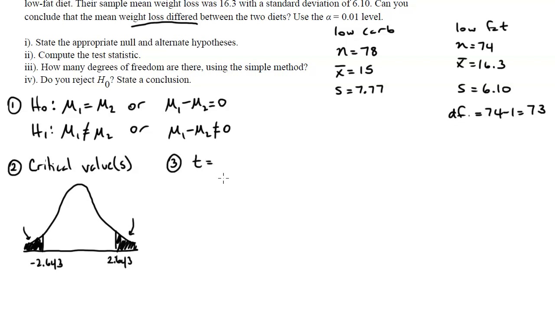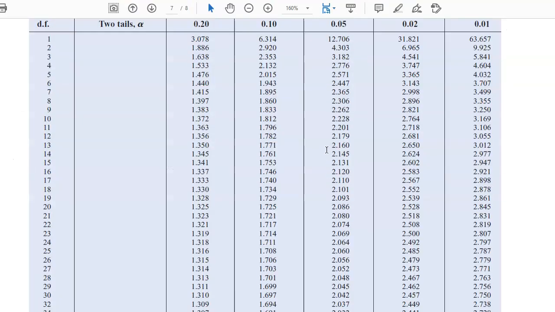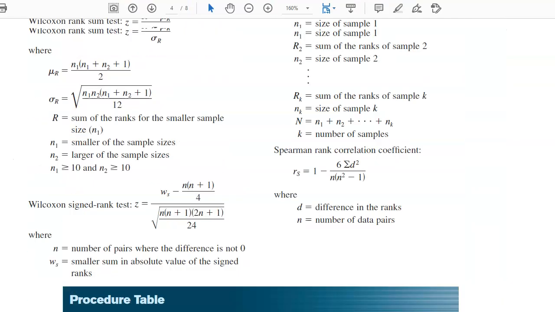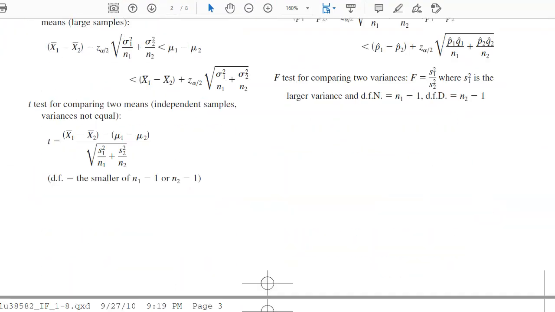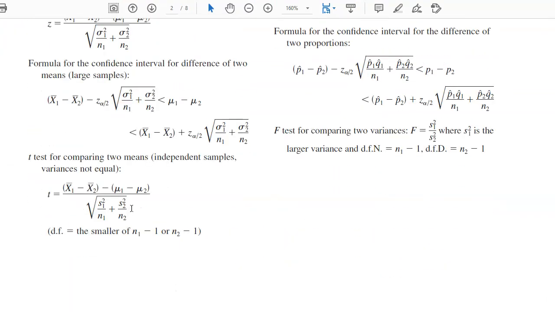So T, and it's a pretty involved formula to calculate the test statistic here. Much nicer in the calculator, which I'll show, of course, but here we go. I hope I remember this.